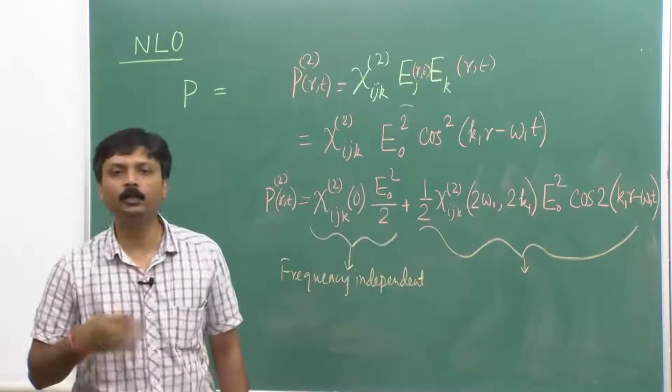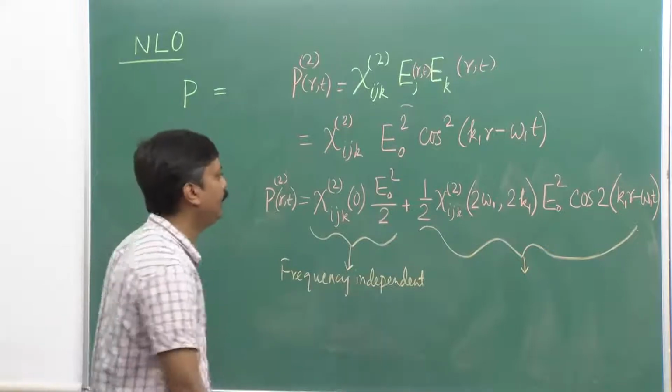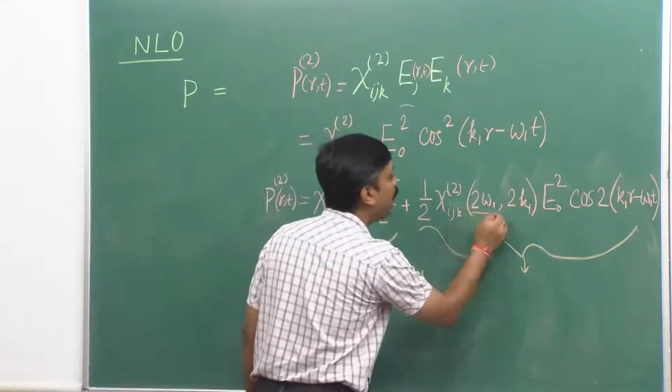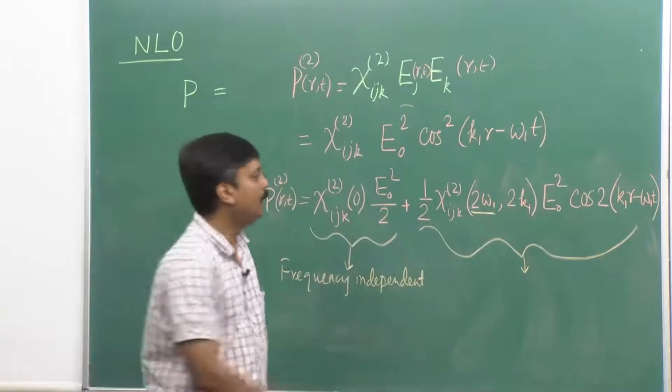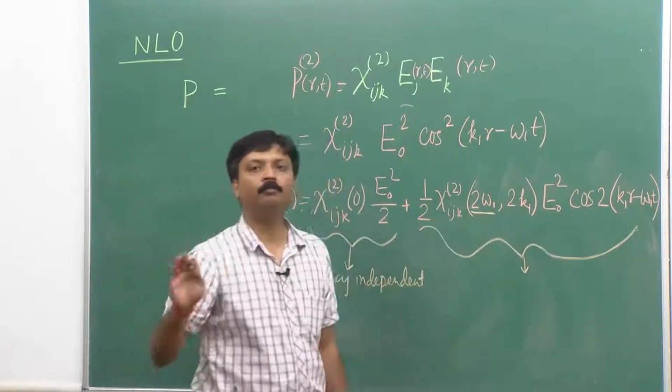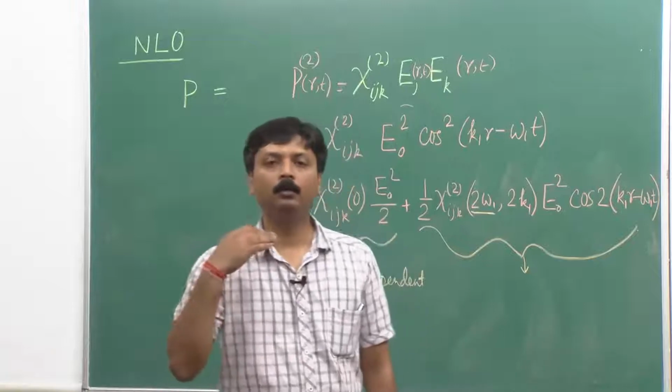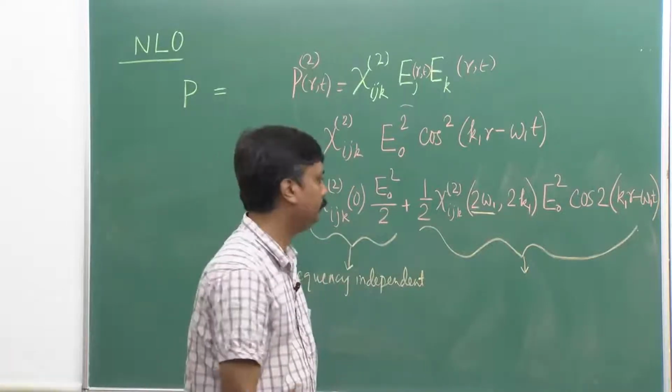while this one is describing the result of a polarization created at the frequency which is twice that of the fundamental frequency. The fundamental frequency is omega 1 and this is a function of the double of the frequencies.